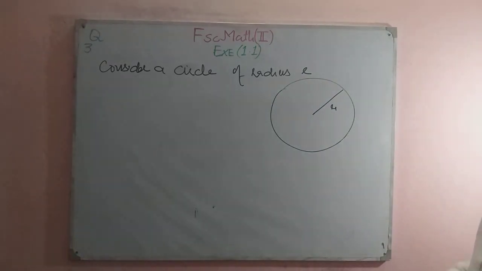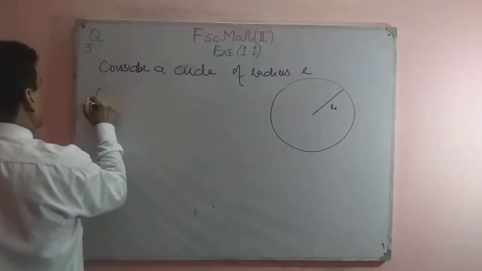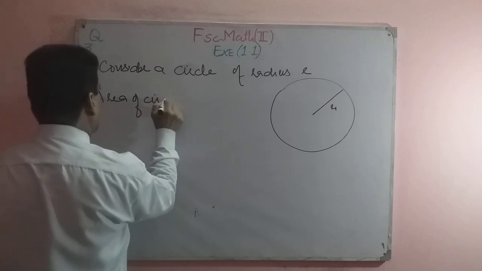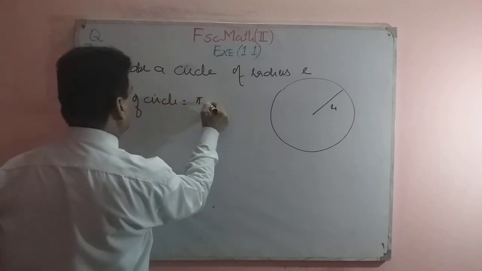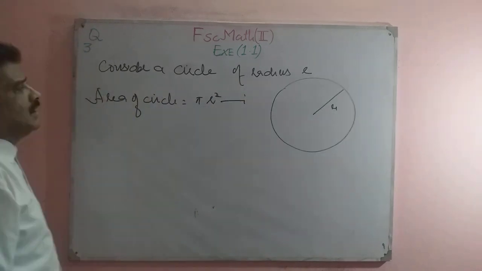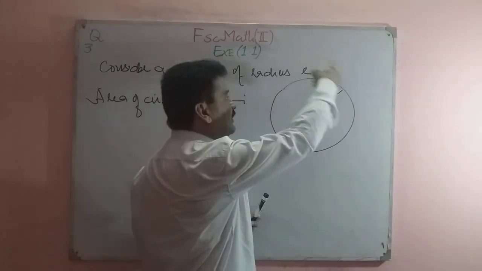You know the area of a circle? The area of a circle will be equal to pi r squared. This is relation 1. And the circumference is the length of its boundary wall.